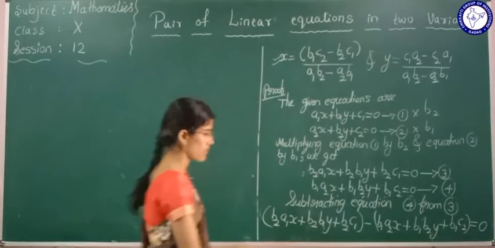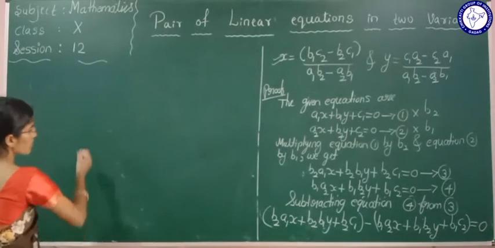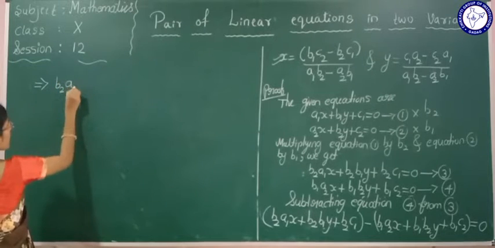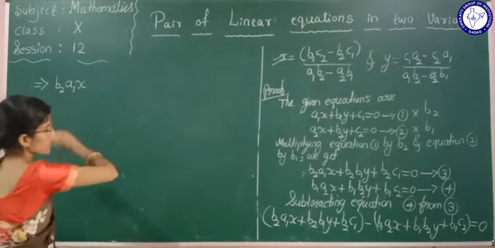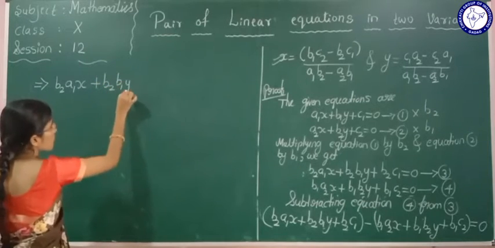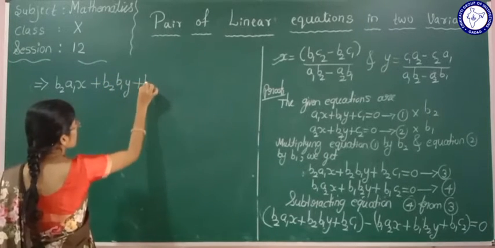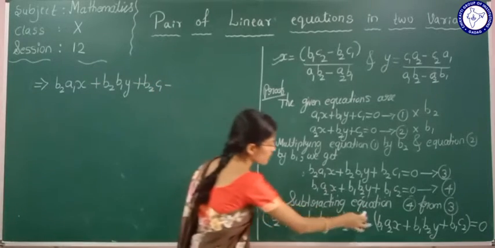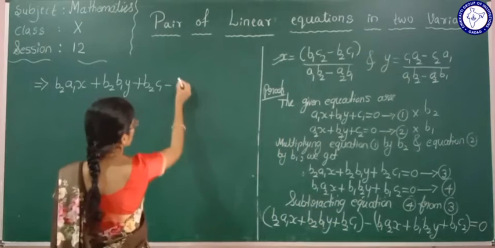Now we will simplify this. If you simplify, what do we get? This implies b2a1x plus b2b1y plus b2c1. Now see here, minus plus is minus, right?